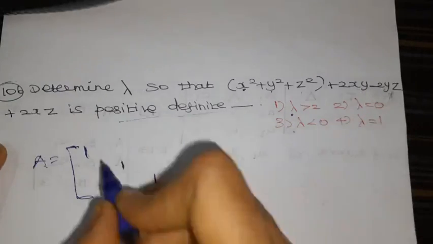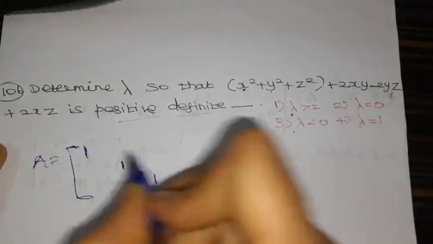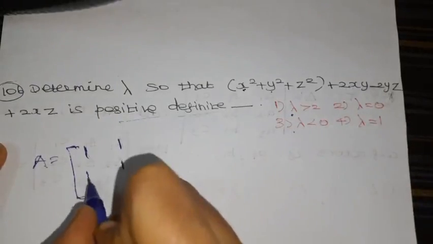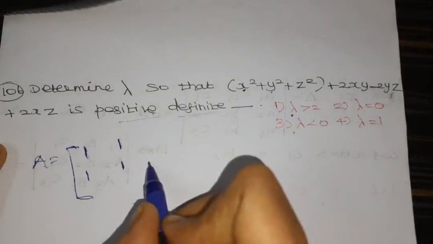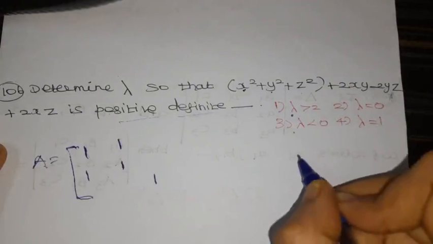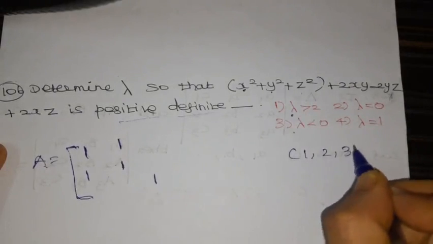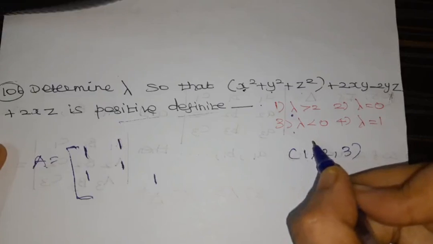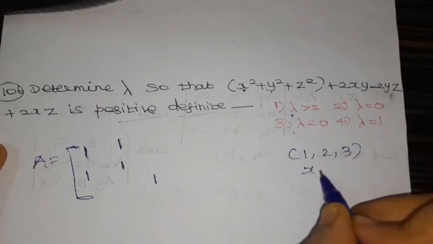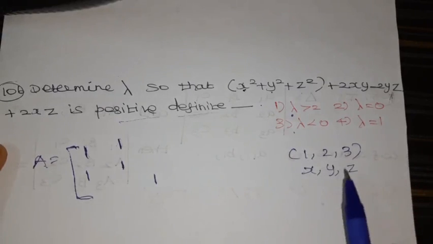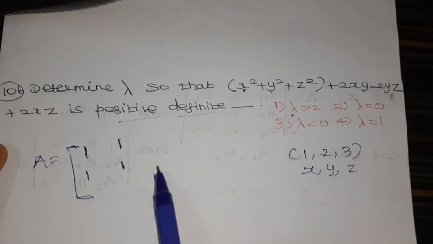Xy takes half the coefficient, right? Xy, yx here. Okay, this is yz. Yz means here. See, 1, 2, 3: this is a11, a12, a13. That column and row and column is equal to x, y, z. So yz means a23. A23 will come here.